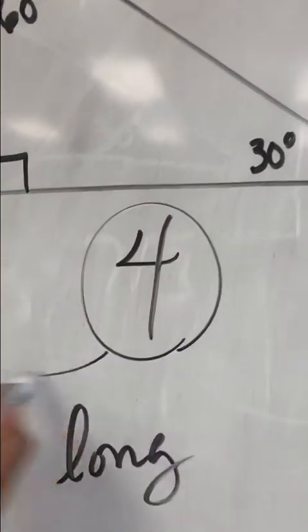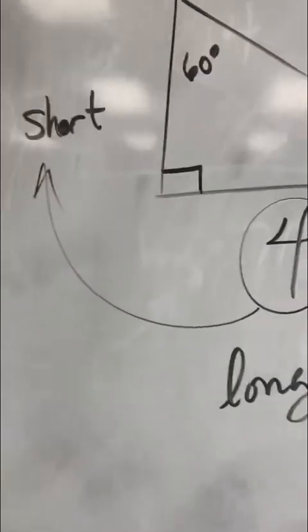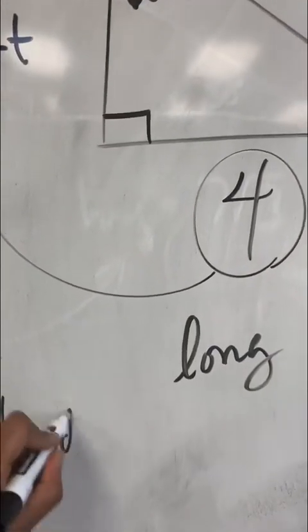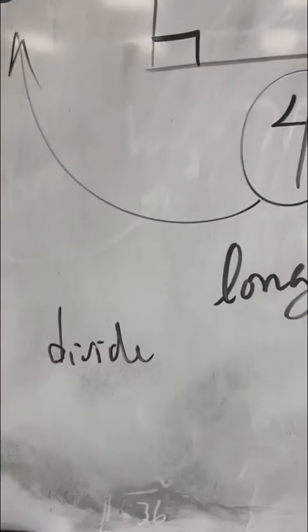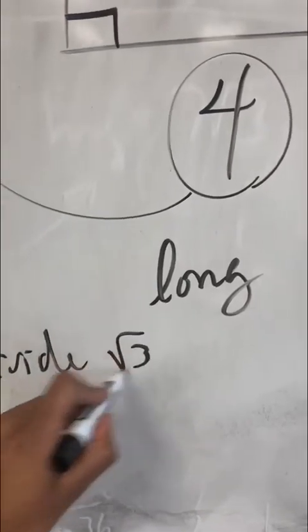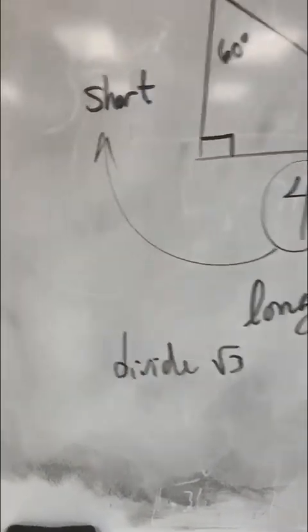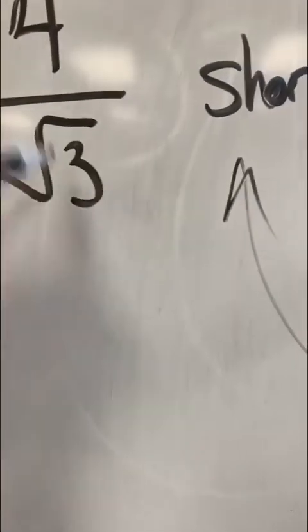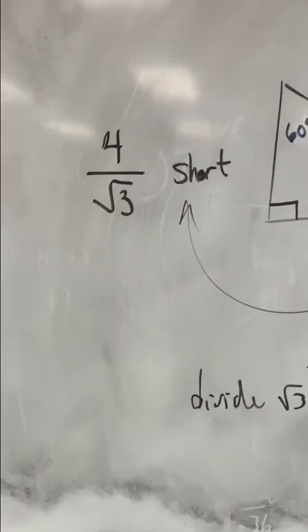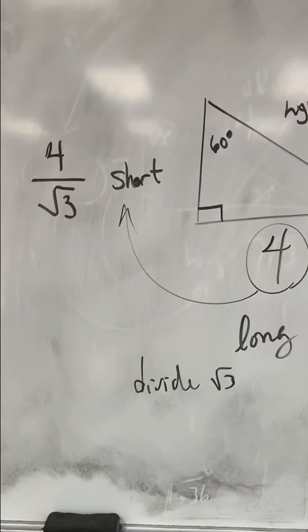So if I'm coming here and going backwards, remember, I have to divide. And since this is a long leg, I'm dividing by square root 3. So that means my short leg is 4 divided by square root 3. So now I know my short leg.